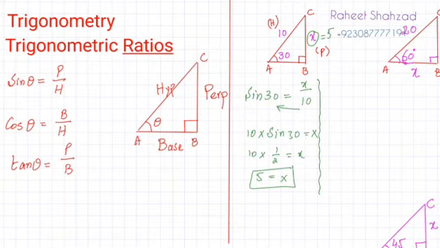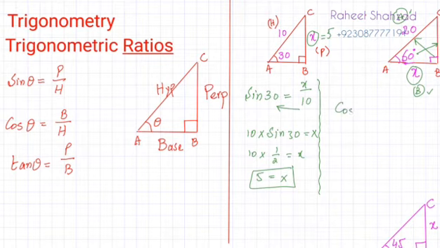It's A, B, and C. Now this x is unknown, and opposite to 90 degrees is the hypotenuse, and this is the base. Opposite to the angle is the perpendicular. So we have a relation between base and hypotenuse. Let's see what we should apply, sine, cos, or tan. It's base over hypotenuse, that is cos.